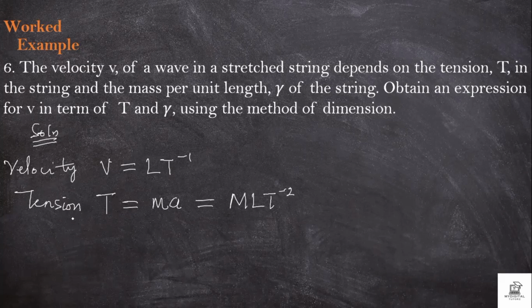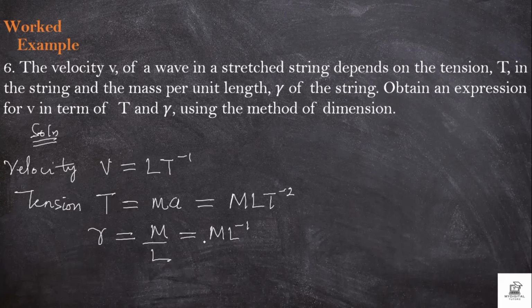The next thing is that we are given gamma, which is the mass per unit length. Gamma is mass per unit length. That is mass all over length. So that is going to be M L minus 1. So we have gotten the dimension for velocity, dimension for tension, and dimension for the mass per unit length, which is gamma.